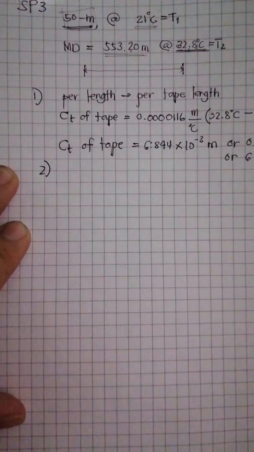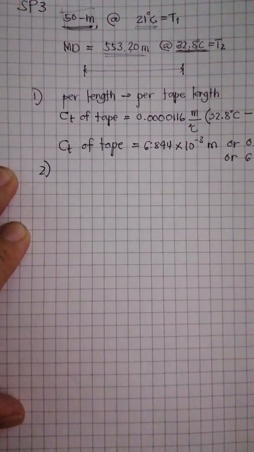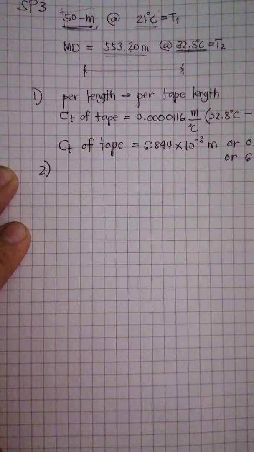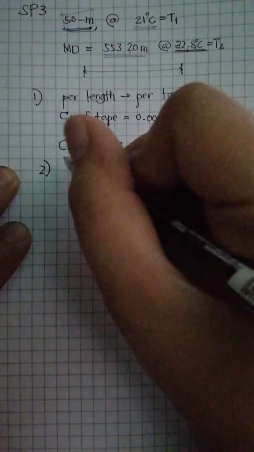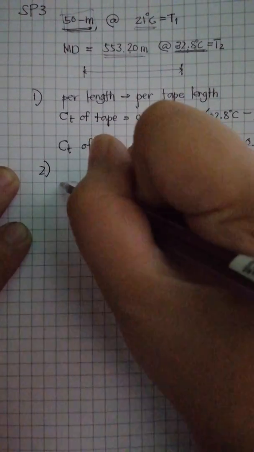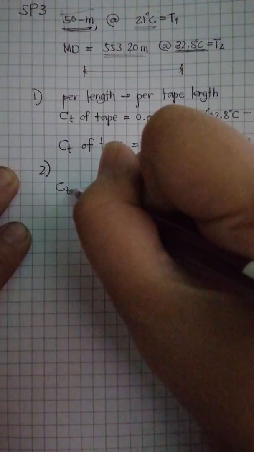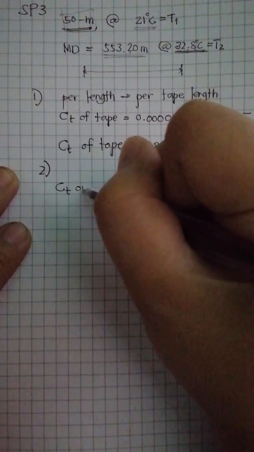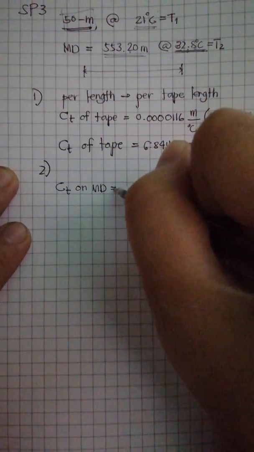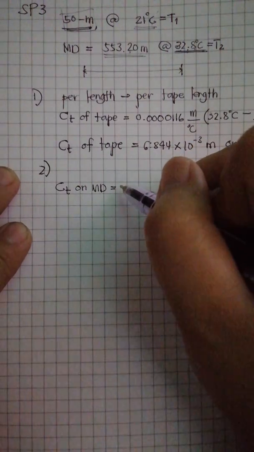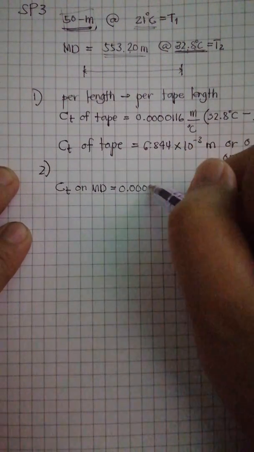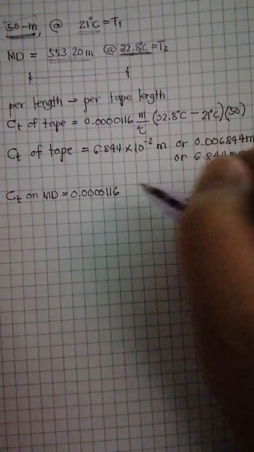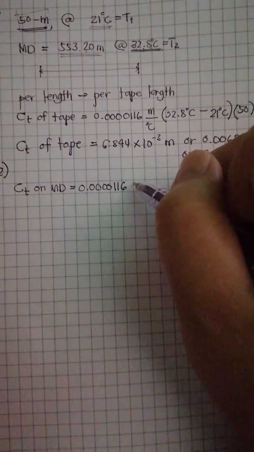Question number 2 is the temperature correction for the measured line. So what is the correction on the measured line? The correction on the measured line is equal to K, the same 0.0000116.